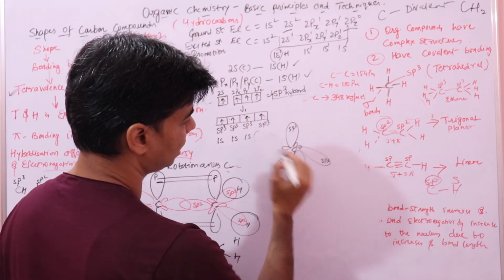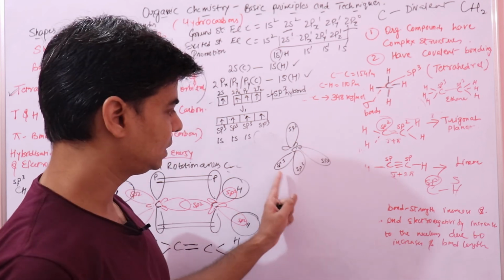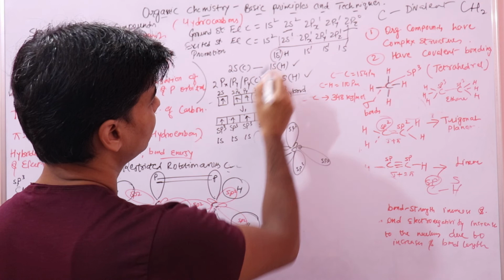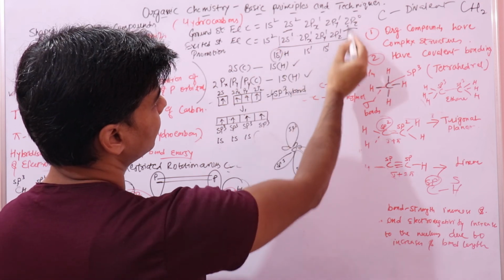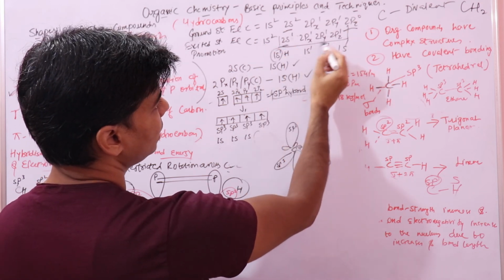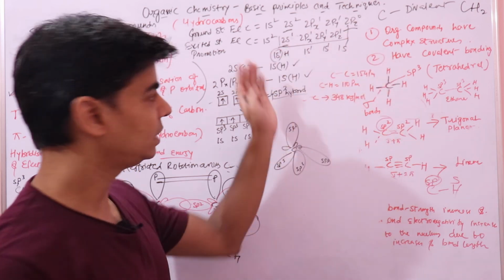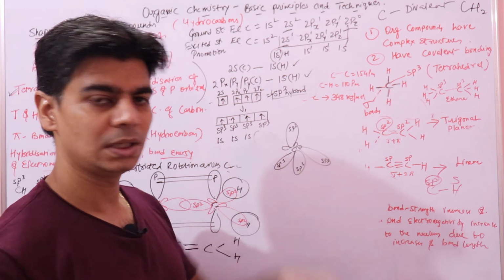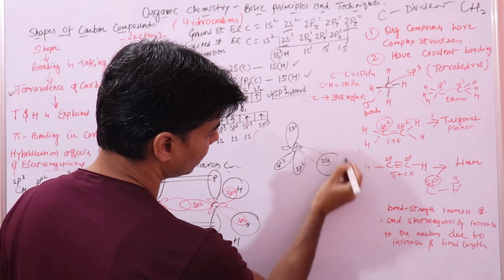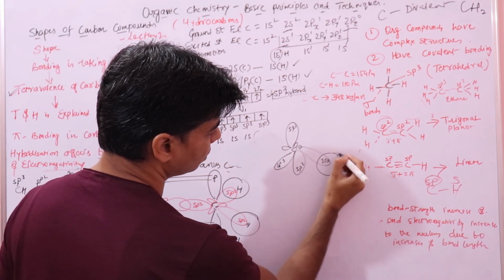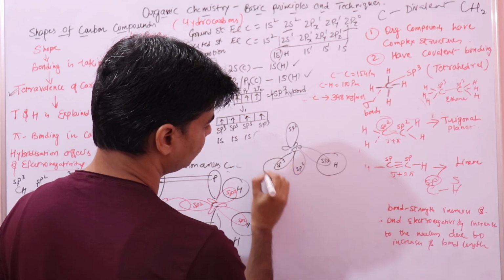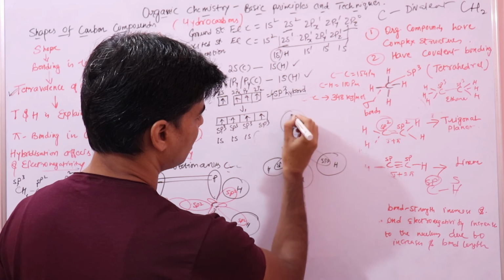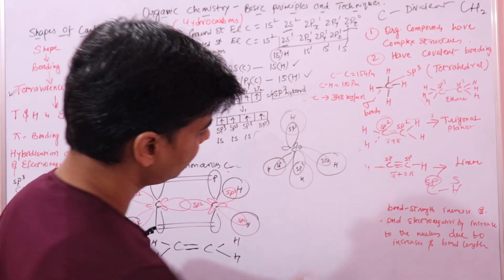Now these sp3 hybrid orbitals are same, they are not different, right? Like here 1s and 3p are different, but when they mix and merge they form the same set of sp3 hybrid orbitals. So they will undergo overlapping with the 1s orbital of hydrogen atom like this, to form methane molecule.